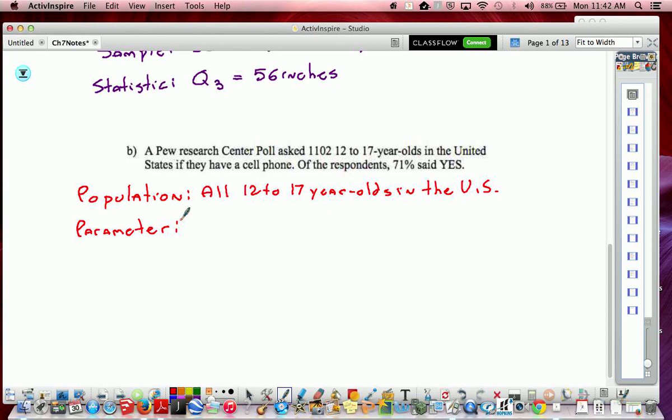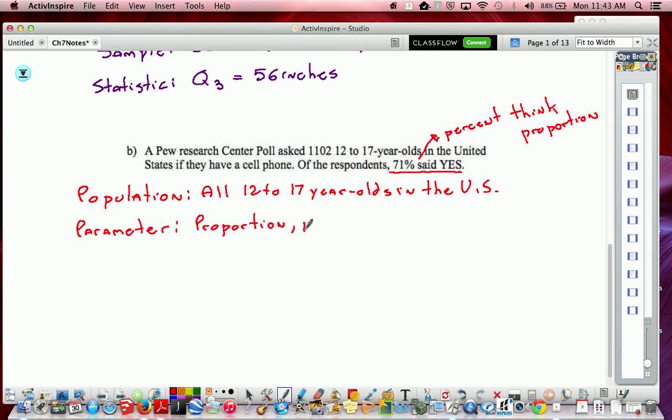Since they gave a percent, anytime you see a percent, think proportion. So we're really trying to find the proportion.